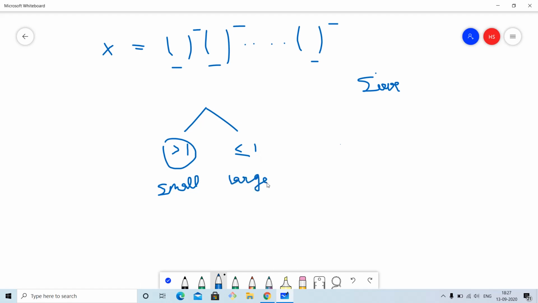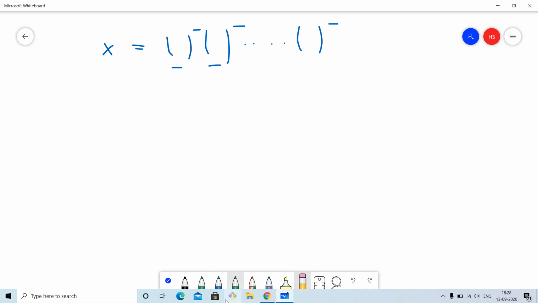So what number distinguishes small from large? That will be the square root of n, because if you multiply the square root of n by itself, it gives you n. So all the prime numbers greater than the square root of n are definitely large. Let us say we have primes of the small and large kind.